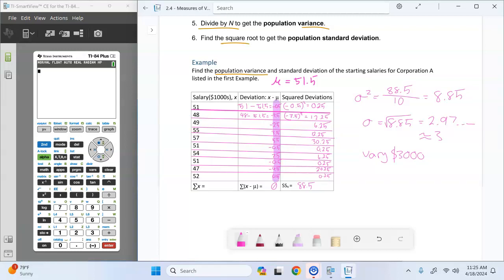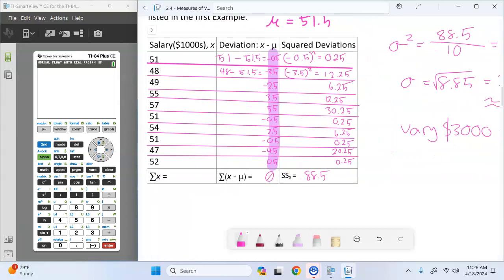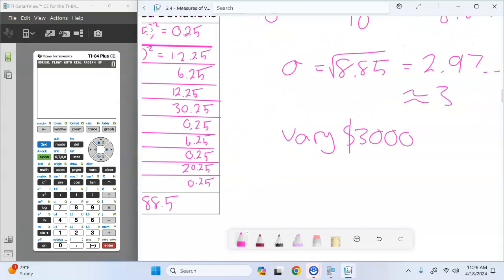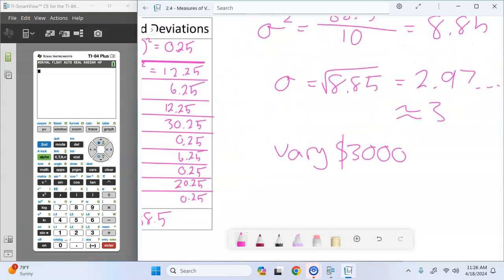That's standard deviation. It's the most common measure of variation. The sum of the squared errors divided by the population to get the variance, and then you square root it to get your standard deviation.